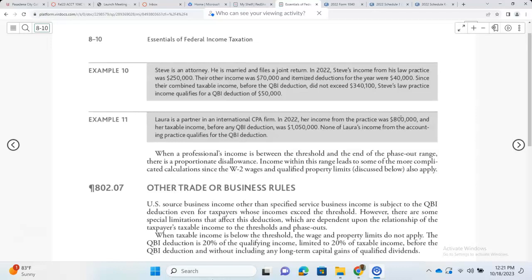She is not qualified. Here, Steve is qualified, even though he is a law practitioner, because his income is not large, he's kind of a low income type of business. So they say, okay, you can use QBI.